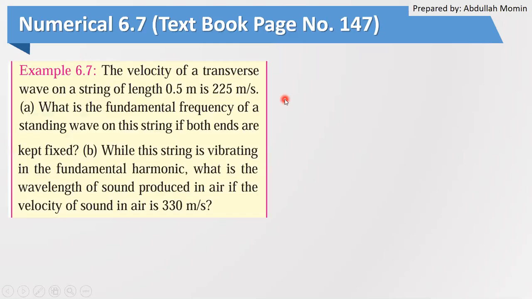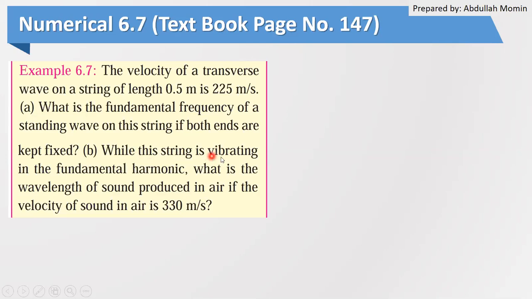Next is your example 6.7. So in this example, what is given? The velocity of a transverse wave on a string of length 0.5 meter is 225 meter per second. A. What is the fundamental frequency of a standing wave on this string if both ends are kept fixed?